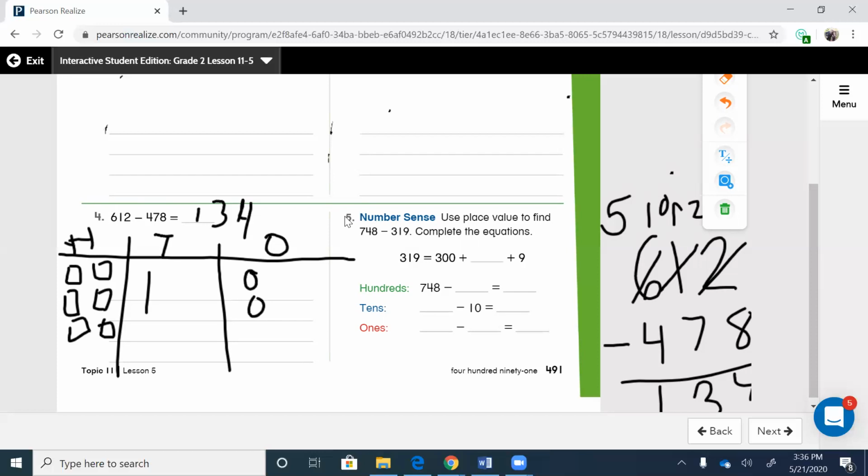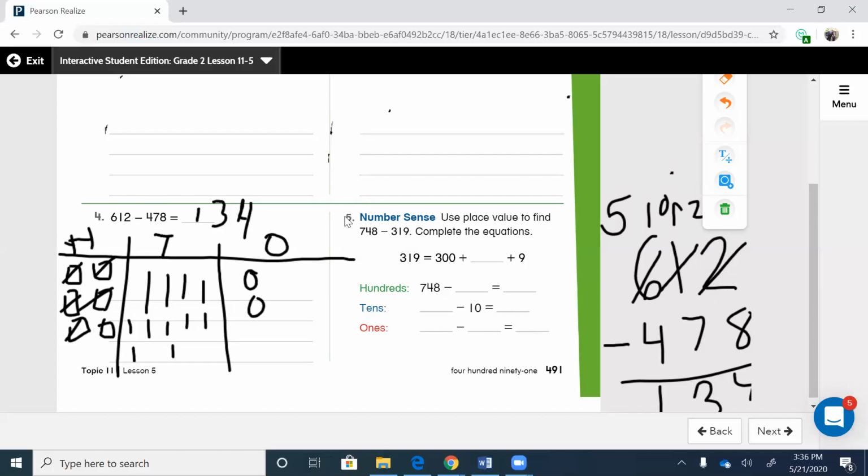Now we're getting ready to take away. Take away 4 hundreds. 1, 2, 3, 4. Take away 7 tens. We can't. Take 100. Break it into 10 tens. 1, 2, 3, 4, 5, 6, 7, 8, 9, 10.